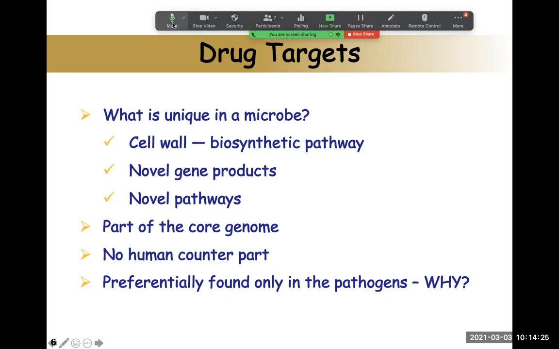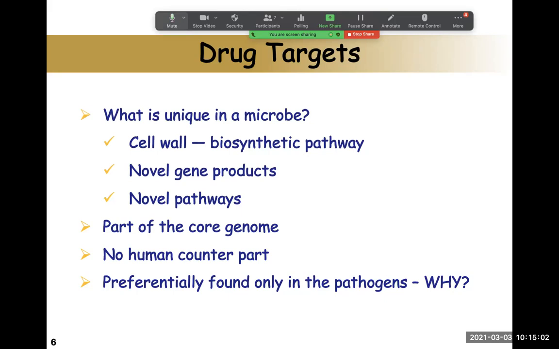And then we, of course, always want to target some novel gene products, say the bacteria makes a toxin, for example, cholera toxin. Only Vibrio cholerae makes it, so maybe we can target something against cholera toxin. The other important thing is that whatever product we focus on against a pathogen, it has to be part of the core genome. This concept of core genome is applicable to many bacteria, probably true for other microbes, but there's not much work out there.